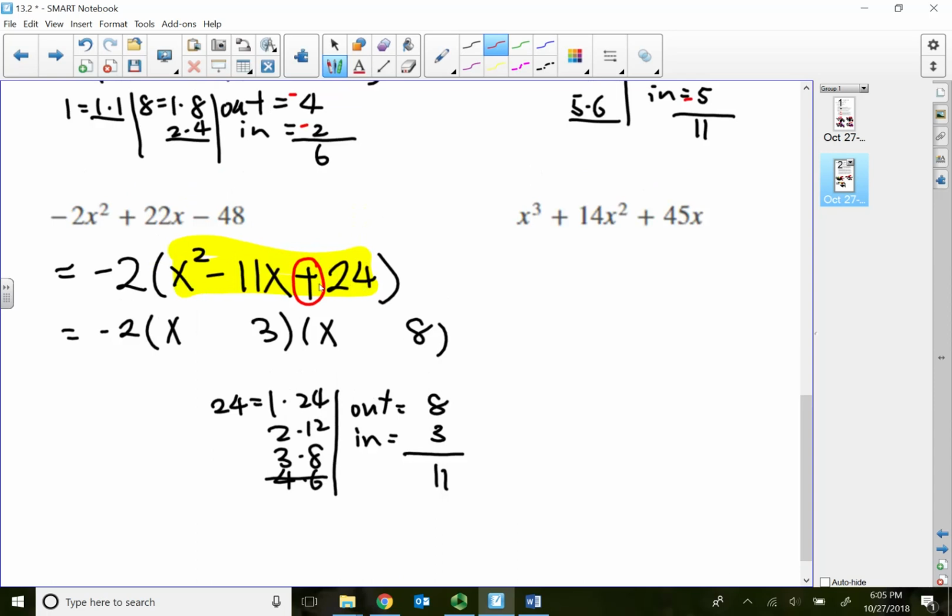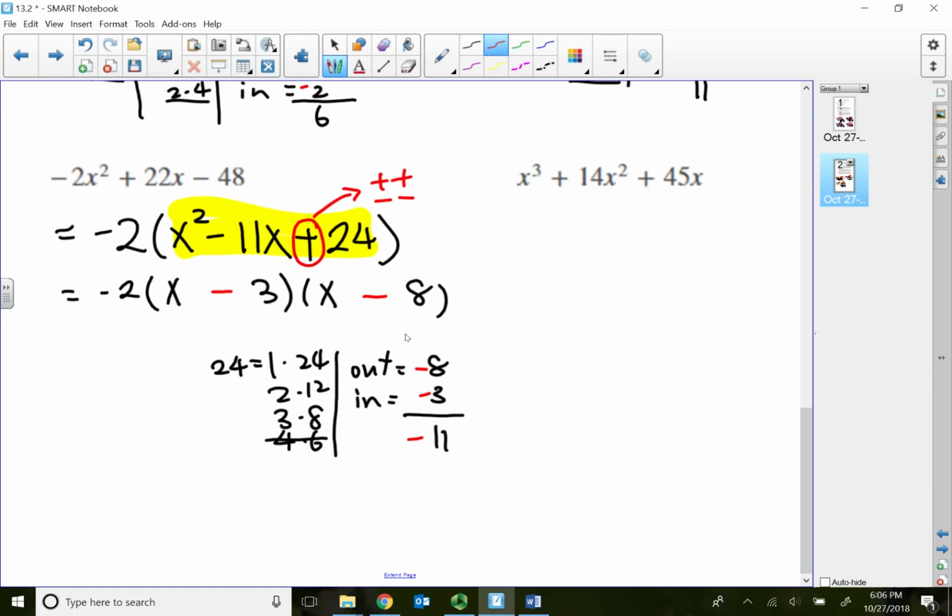Since the last sign is positive, the choice of signs for the two parentheses has to be plus plus or minus minus. So it depends on my middle term. Since my middle term is negative 11, both my inner and outer have to be negative. Therefore, inside the parentheses, both of them have to be negative. So my answer: negative 2 times x minus 3 times x minus 8.